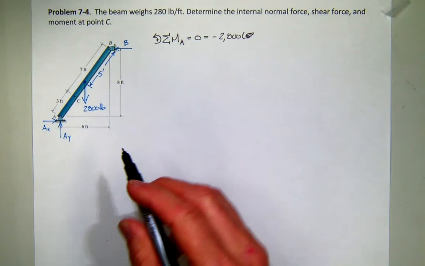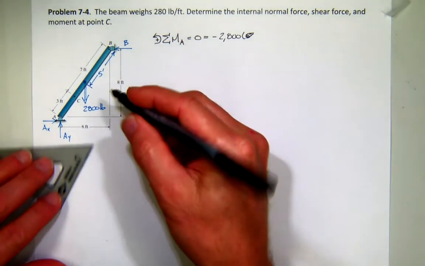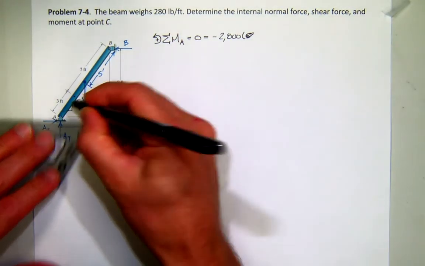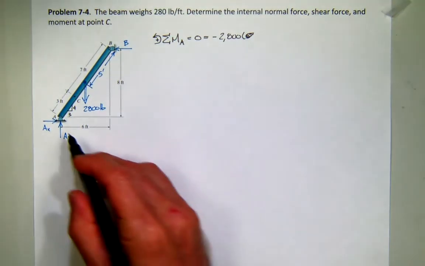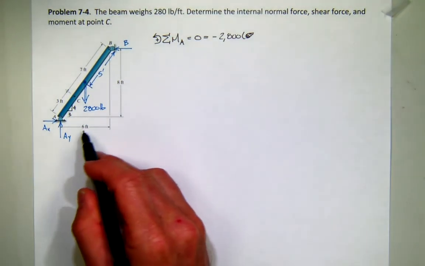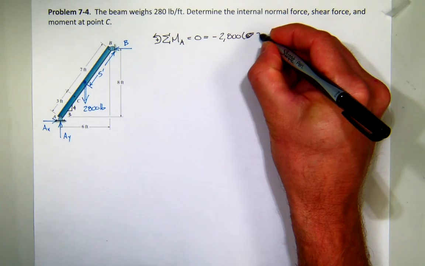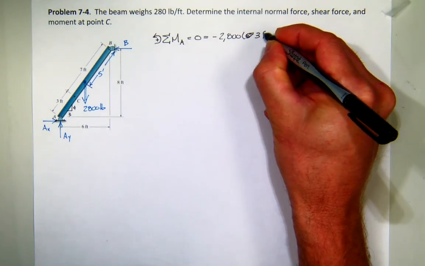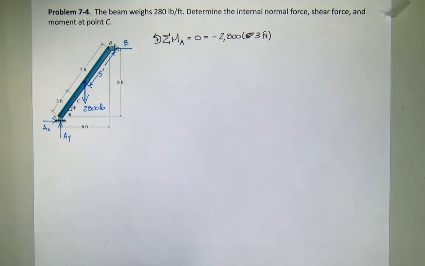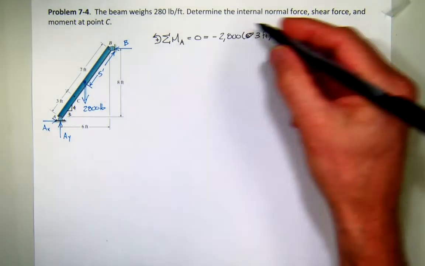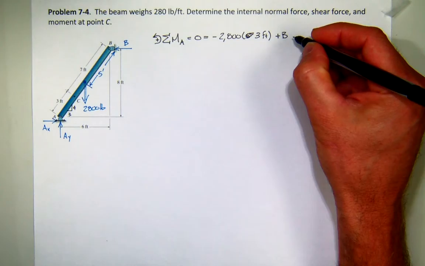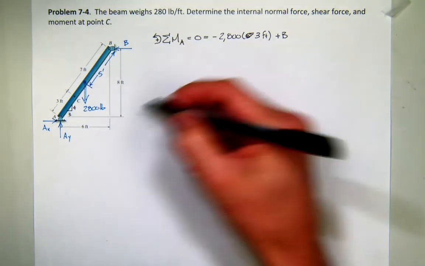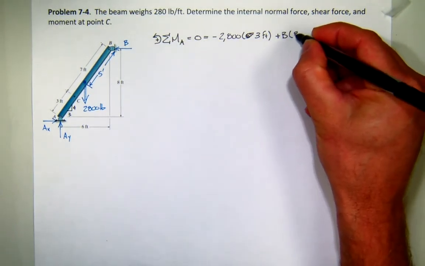It's a 3, 4, 5 triangle, isn't it? So it would be 3 feet. And then I have my reaction at B, which is creating positive moment, and it has a moment arm of 8 feet.